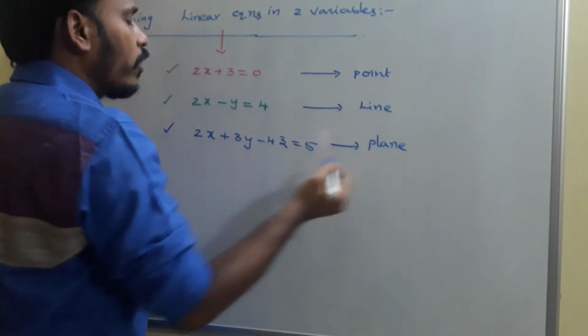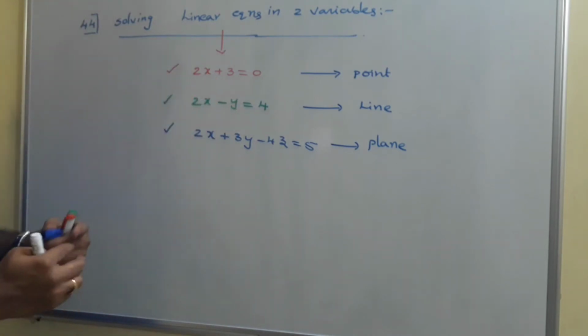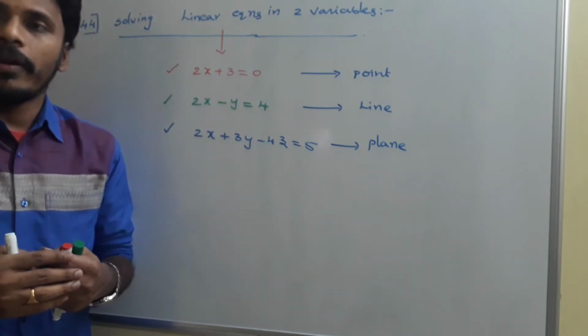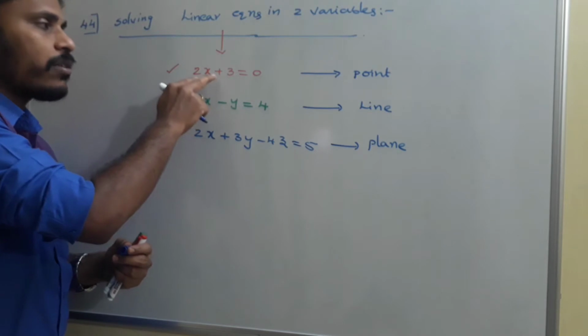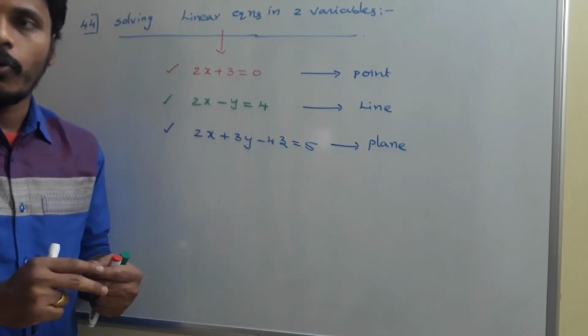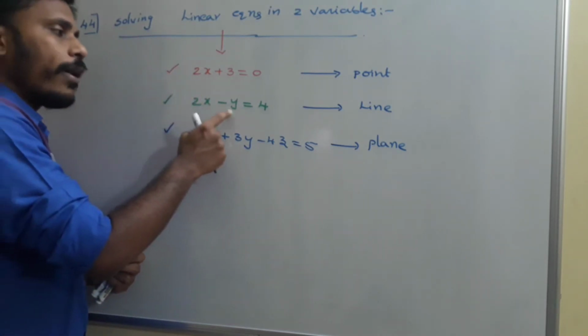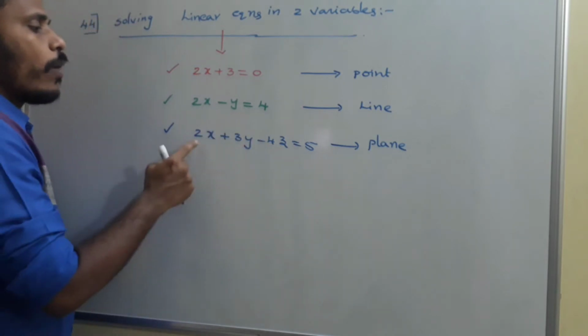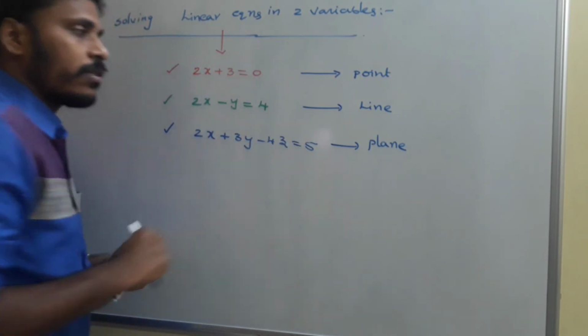When you think of these three geometrically, linear equation in one variable always represents a point, in two variables it represents a line, whereas in three variables it represents a plane.